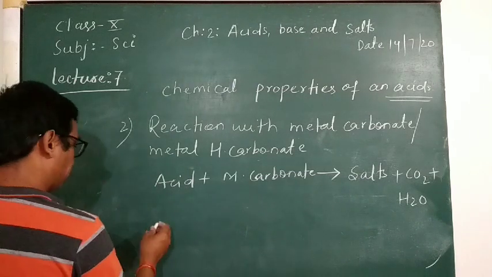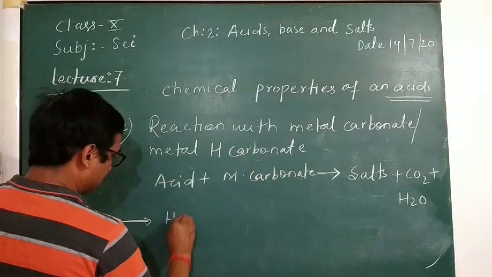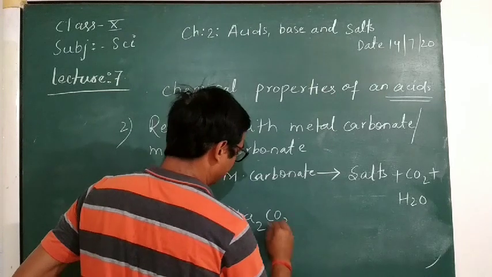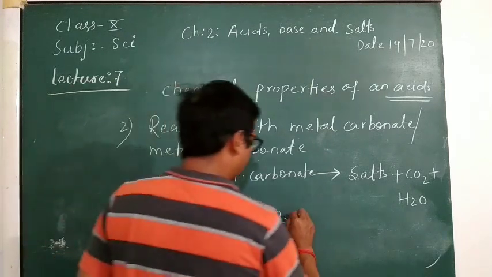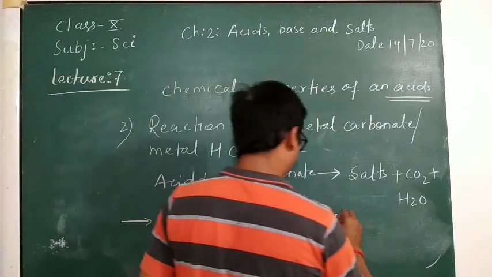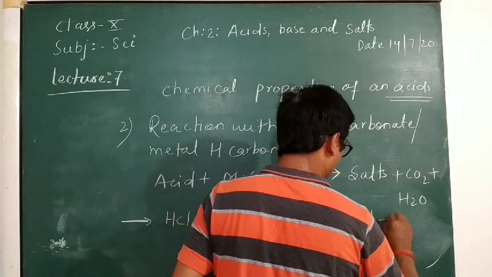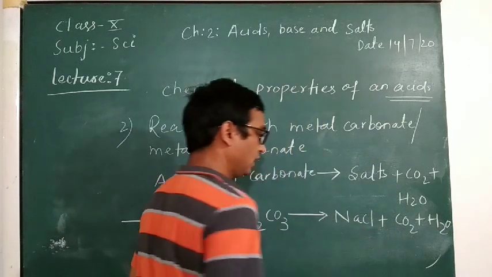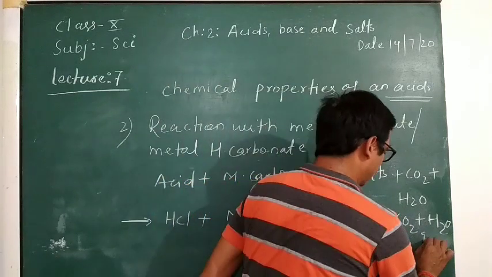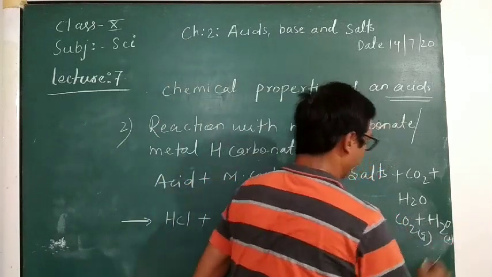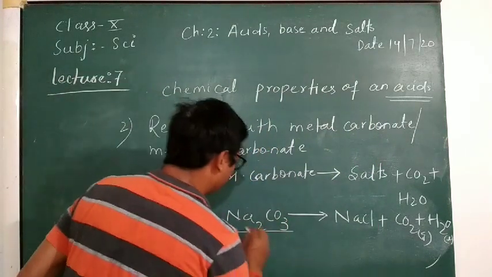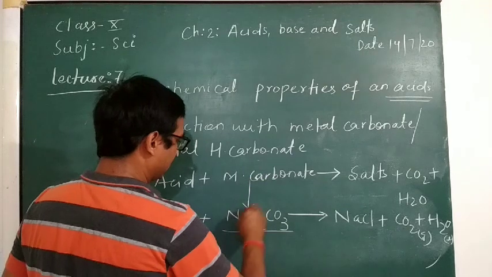We can take the example of HCl plus Na2CO3, which is sodium carbonate. This gives the salt NaCl plus CO2 plus H2O. CO2 is obtained in gaseous form and H2O in liquid form. This is actually a metal carbonate.